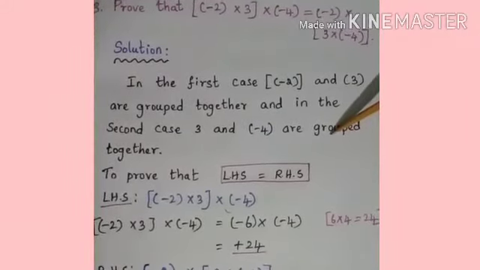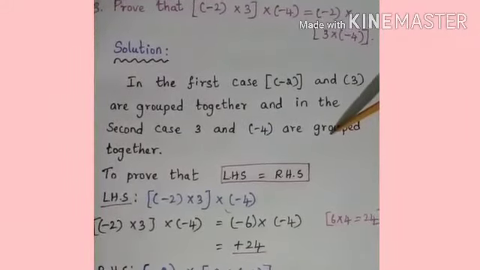Now multiply this value with the third value, minus 4. We get minus 6 into minus 4 is equal to 24. We know that when we multiply two negative integers, it always gives a positive integer, that is plus 24.